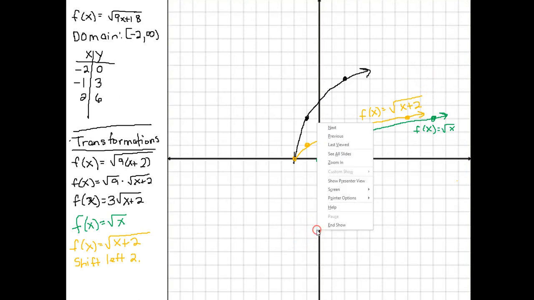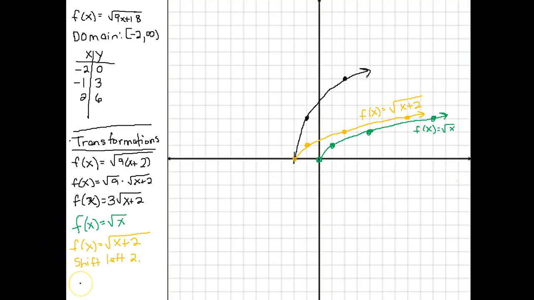And then I'll go back to black for this one since it's already in black. And then f of x equals 3 times square root of x plus 2. Multiplying by that 3 gives me a vertical stretch by a factor of 3. So you look at it, here the y value 0 times 3 is still 0.